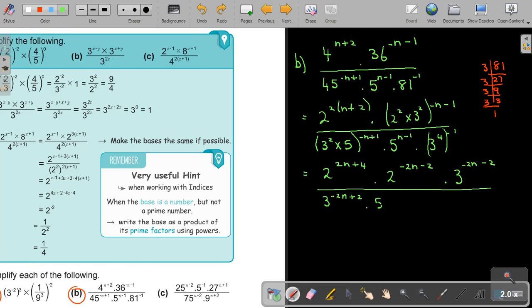This will be 5 to the negative n plus 1. This will be 5 to the n minus 1. This will be 3 to the negative 4.